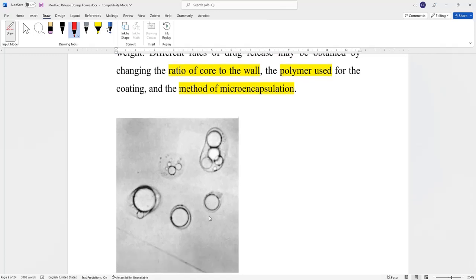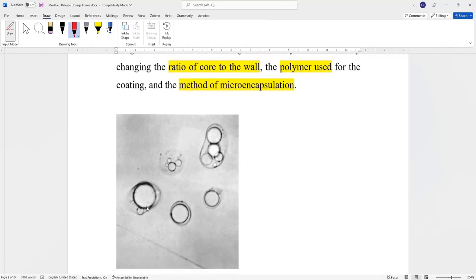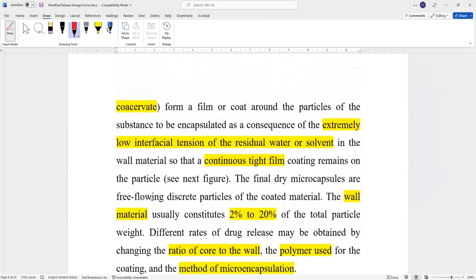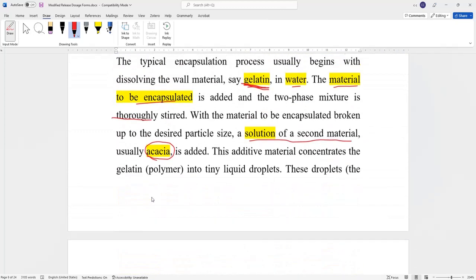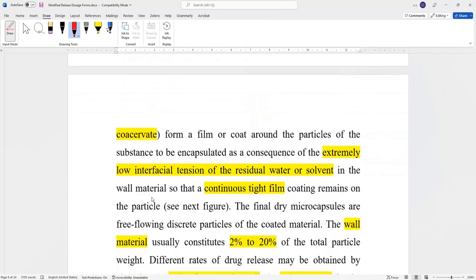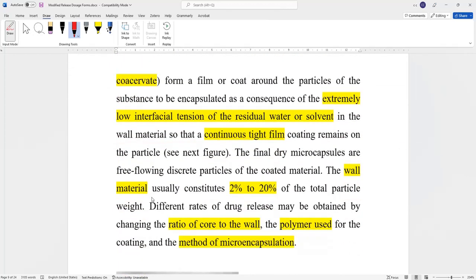Now what do you do? You take that layer containing the droplets, you separate it, and then you dry them, and what you're going to have is dry, free-flowing, micro-encapsulated spheres. That's what you're going to have, okay?